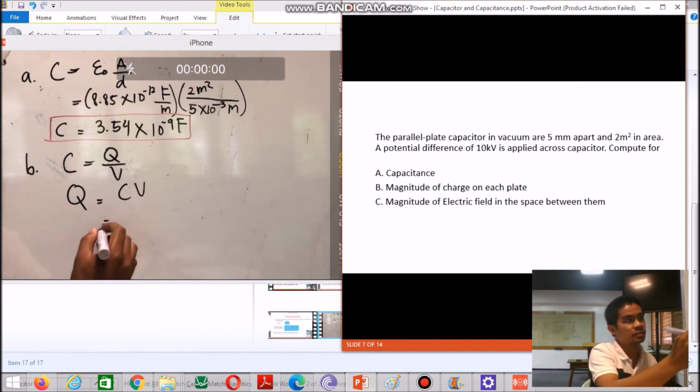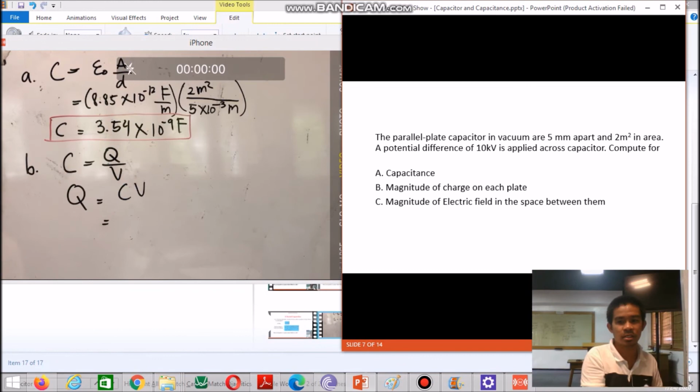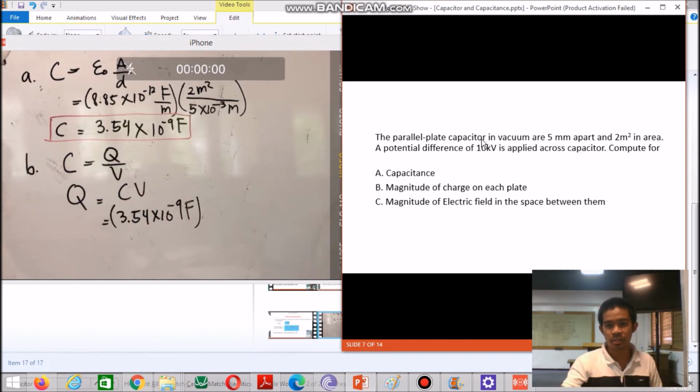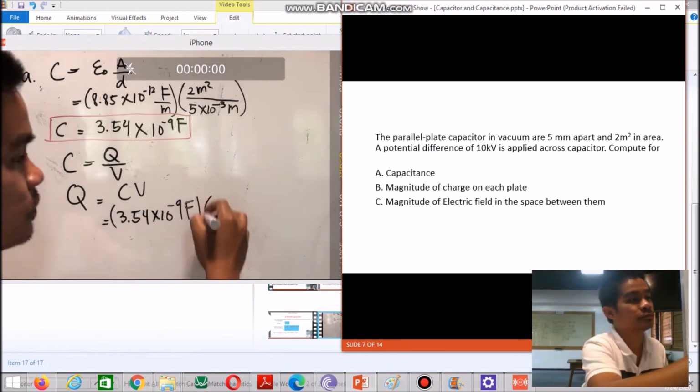We already have the capacitance, which is 3.54 times 10 to negative 9 farad, multiplied by the voltage. It's already given here, that's 10 kilovolts. 10 kilovolts is 10,000 volts.